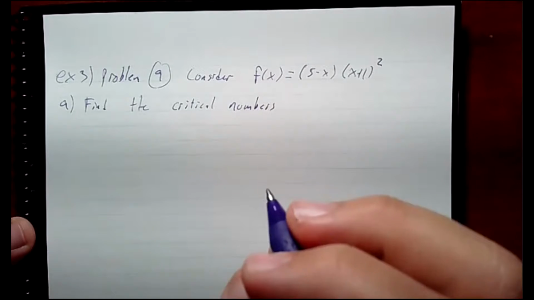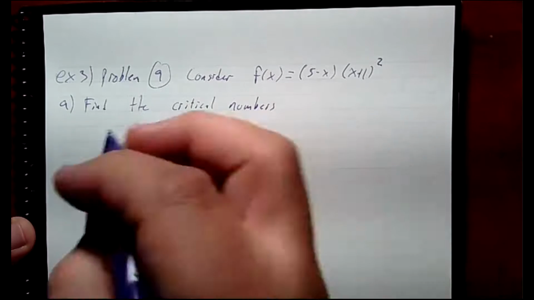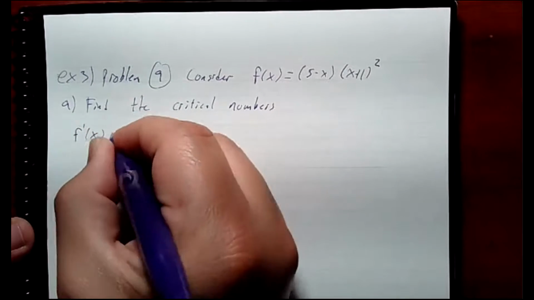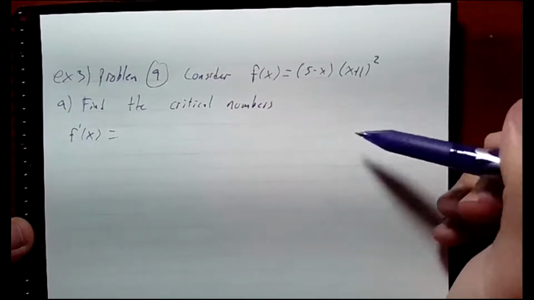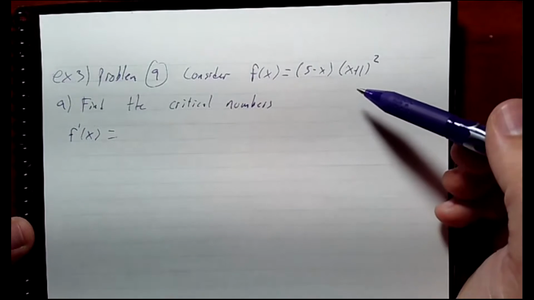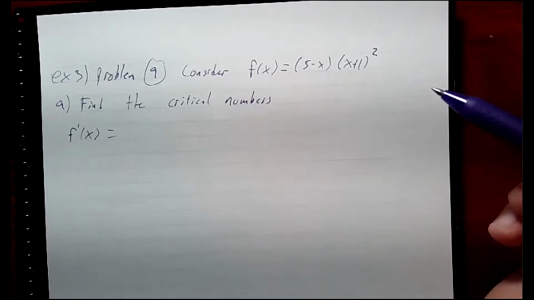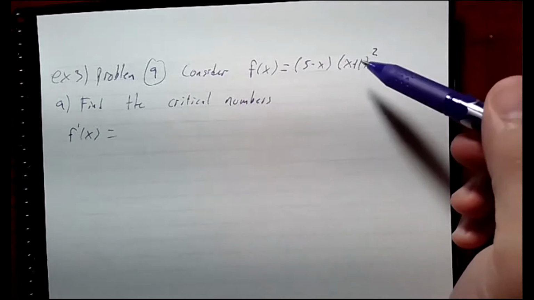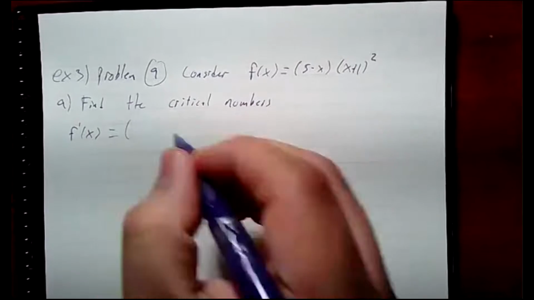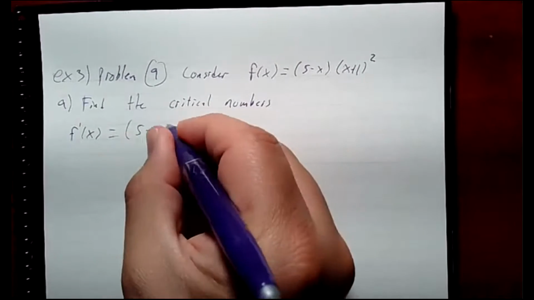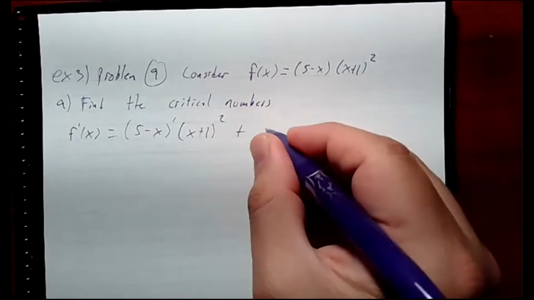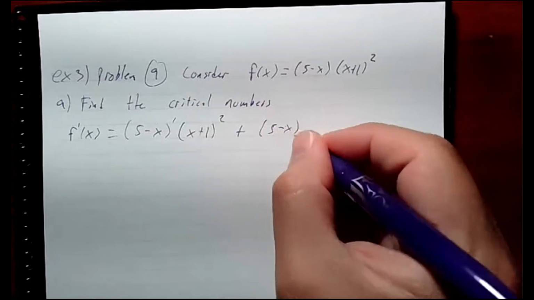So we gotta find the derivative and set it to 0. Those were the steps. So the derivative is gonna be, what type of rule are we gonna use? You remember? Product. Yeah, it's gotta be a product, right? So derivative of the first piece times the second piece, plus first piece times the derivative of the second piece.